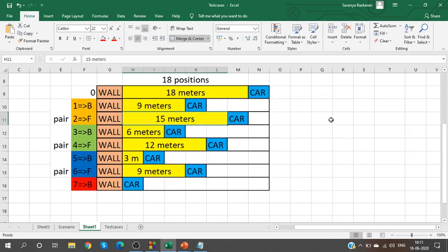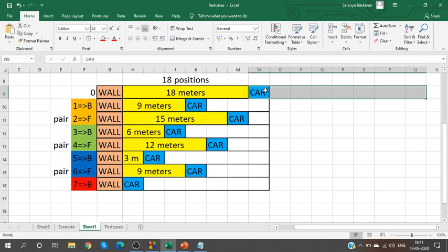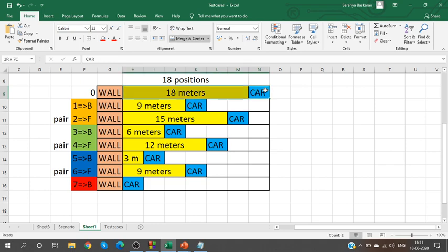But from this position, it is not moving forward by 15 meters and it is not moving backward by 15 meters. Can you understand? It moves forward by a few steps and backward by a few steps. So what happens to the actual position of the car?